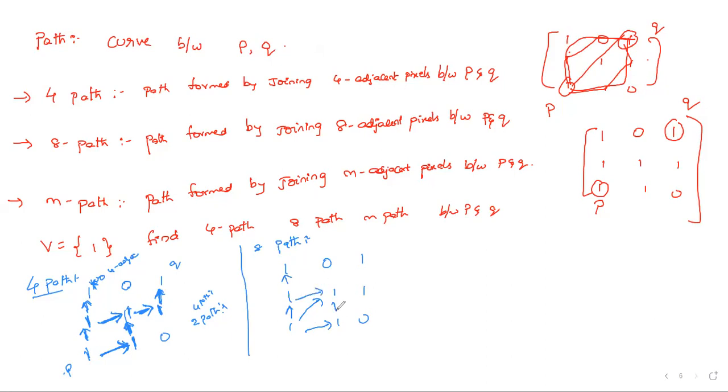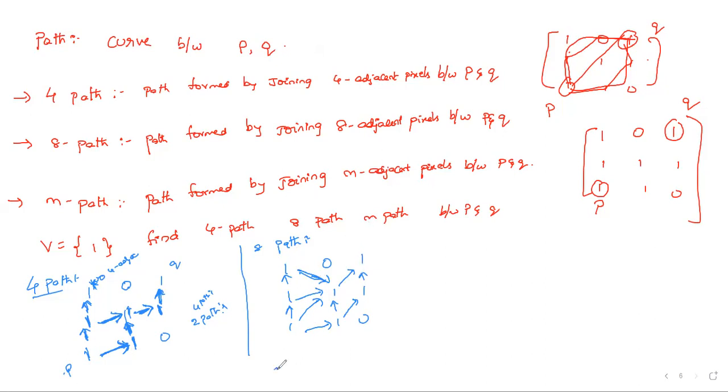For this one, for this one. So here so many paths are possible. Here no possible. Sorry. For this one, diagonal is this one. You can come like this. So many paths are possible.